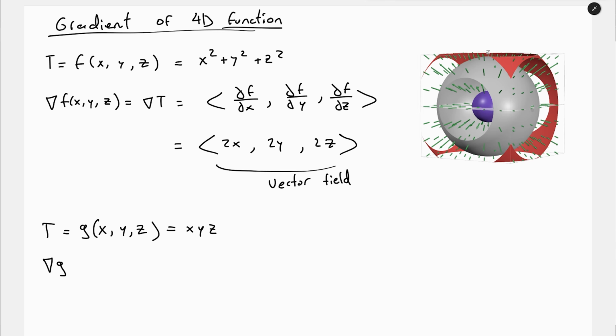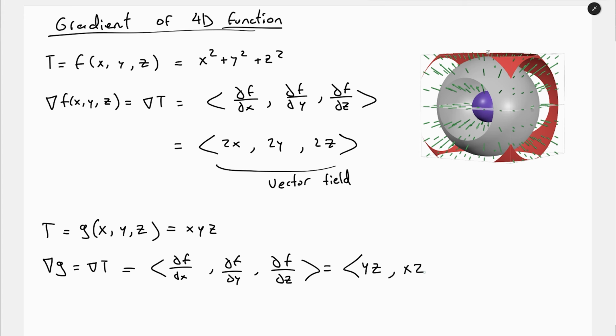So grad g, which is also grad t, equals partial derivative of x, partial derivative of y, and z. And treating the other ones as constants, x becomes 1, the other ones stay, y becomes 1, the other ones stay the same, and z becomes 1, the other ones stay.